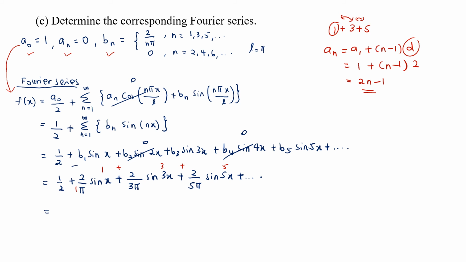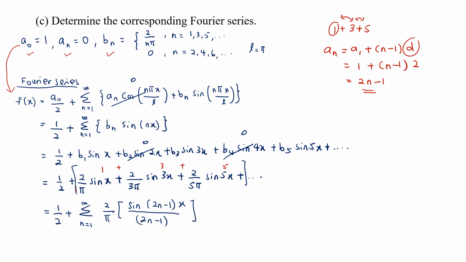So we rewrite this for this case, where this will remain as 1 over 2 plus, so we rewrite it back into the summation, where it starts from n equals 1 up to infinity, 2 over pi, we take out 2 over pi outside, and then it will be sine of (2n minus 1) times x over 2n minus 1.